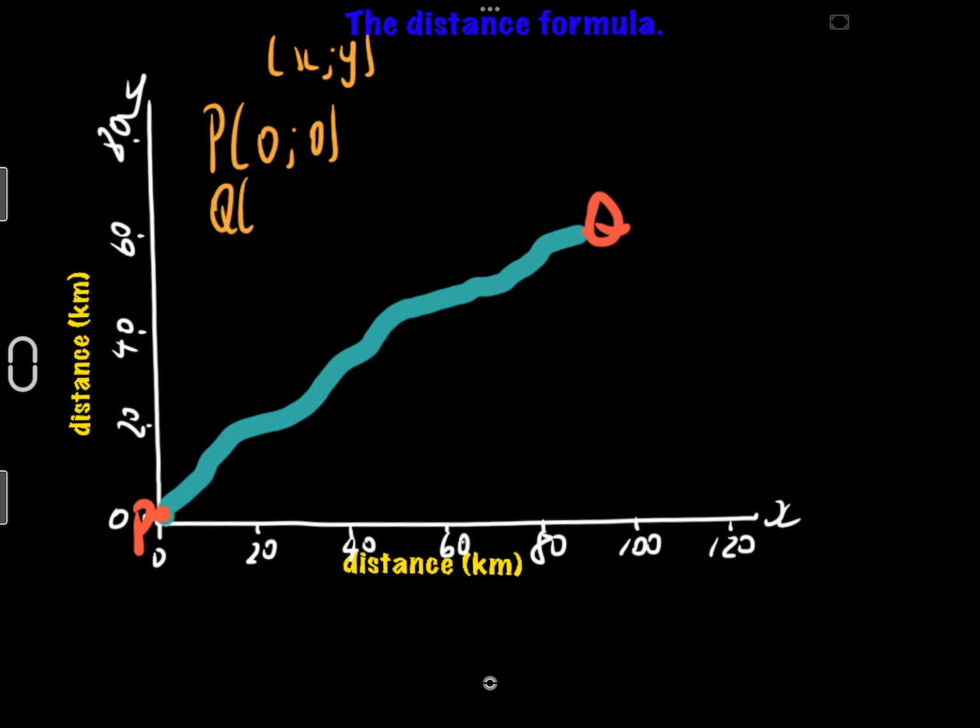And then at Q, x appears to be halfway between 80 and 100, which appears to be 90. So that's our x. Okay, this is the point here, the yellow dot, and then y in this case is at 60.